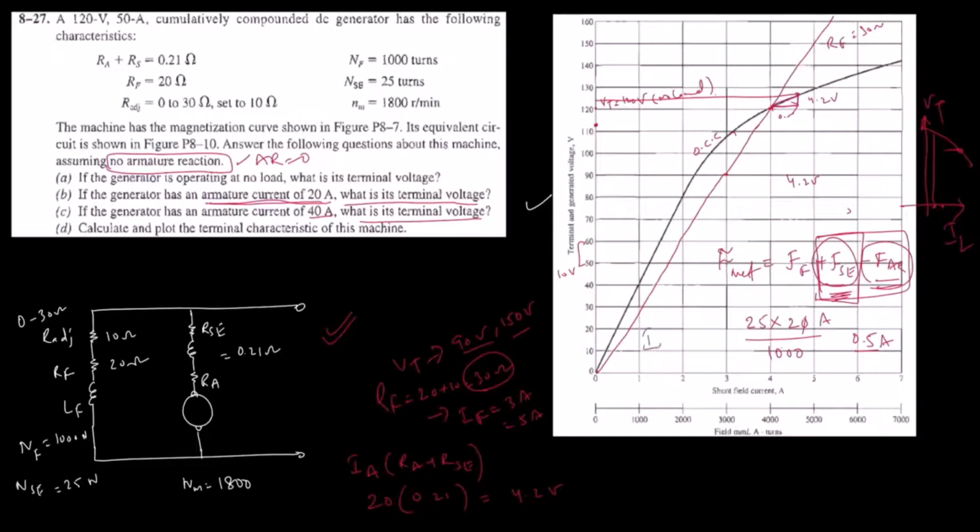So the I equivalent is now IFSC minus FAR divided by the number of turns of the shunt field. And if it is plus, I will add in this direction; if it is minus, then I will add in this direction to the voltage.